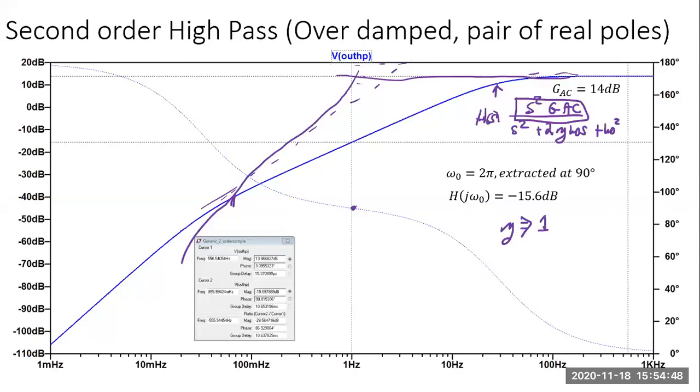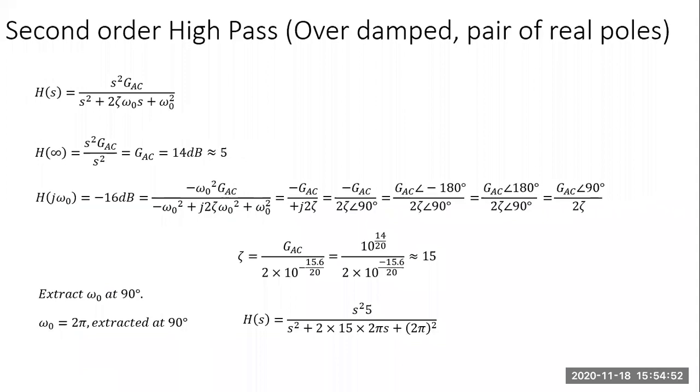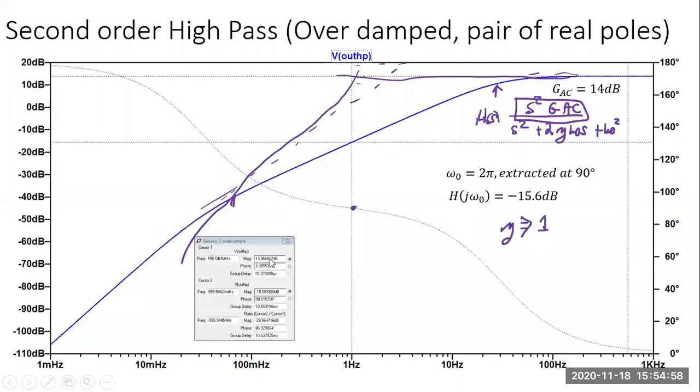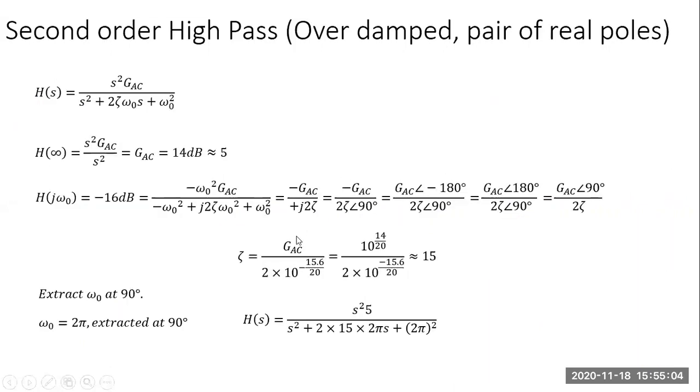Omega naught is 2 pi times 1 hertz, so I changed that. Then I extracted the magnitude here at omega naught, solved, and I got 15.